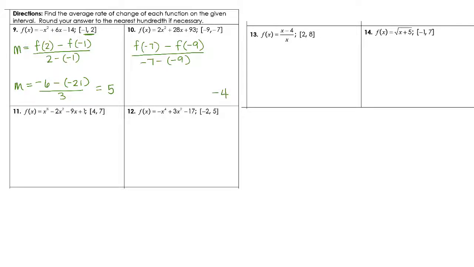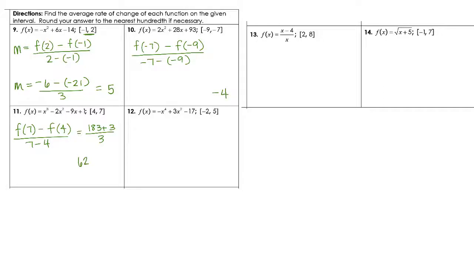So moving on to the next one. Number 11. Again, we need to see f at 7 minus f at 4 all over 7 minus 4. And f at 7 is going to be 183 minus f at 4 is going to be a -3, and that's all over +3. So hopefully we'll get 62 here.